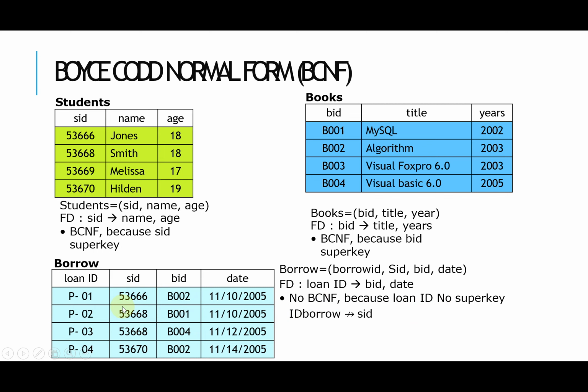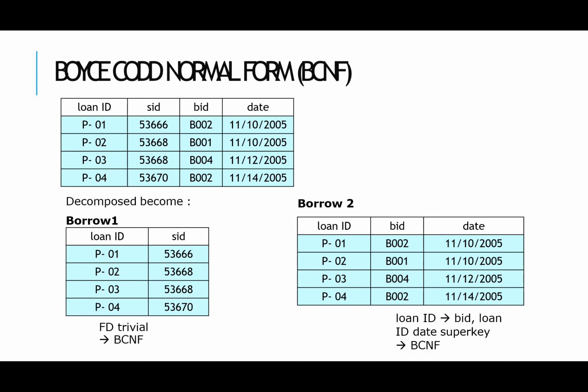It's not a determinant. So the solution is we should do decomposition. Okay, decompose to become borrow 1, loan ID. Okay, this will be BCNF, and borrow 2. Okay, ID, BID super key. Okay, so it should be a super key.